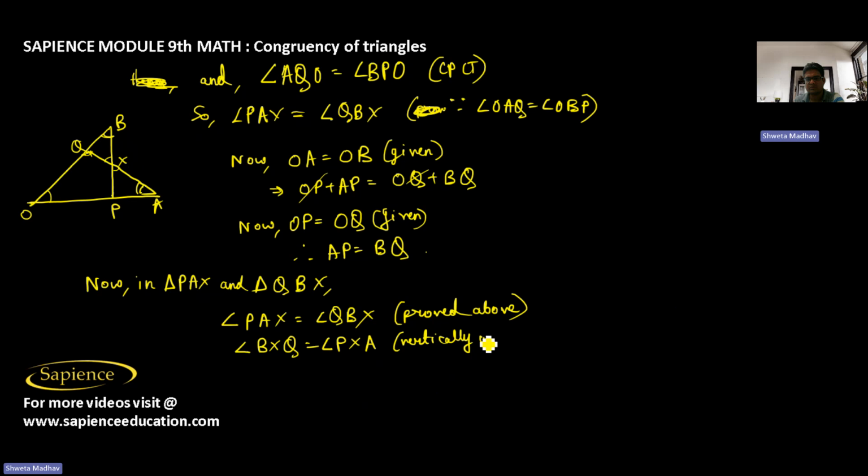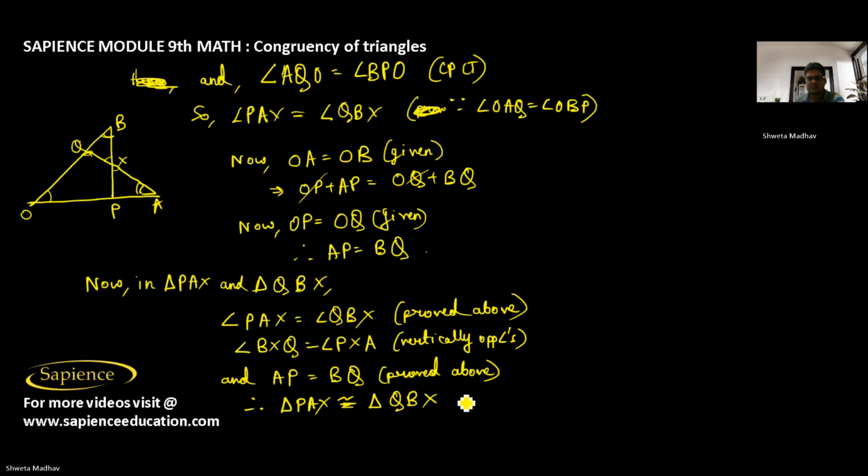If they are vertically opposite angles, they are equal. And AP is equal to BQ, which is also proved above. So we have shown that two angles and the non-included side in these two triangles are equal. Therefore, I can say that triangle PAX is congruent to triangle QBX by the AAS rule of congruency.